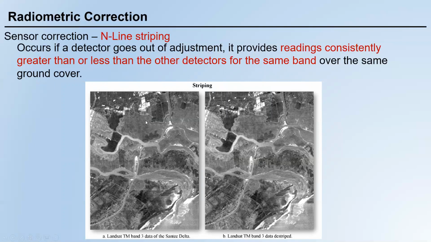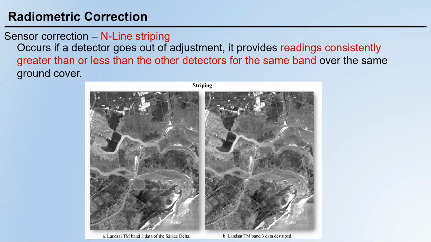On the left side, it's Landsat TM band 3 data of a specific area. If you check this image, there are strips. For example, here is one, and here is another one. There are a lot of horizontal strips. It means that some sensors lack radiometric adjustment.